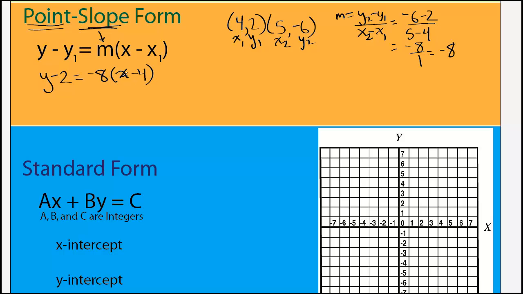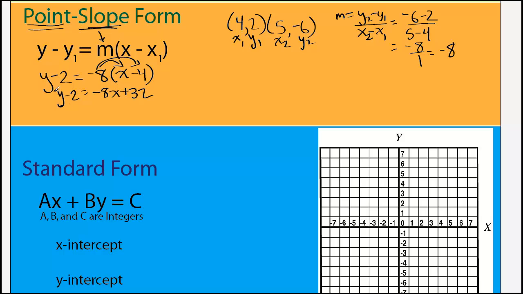Now we use our equation-solving principles and distribute this through. So you have y minus 2 equals negative 8x. The negative times negative is a positive, and 8 times 4 is 32.